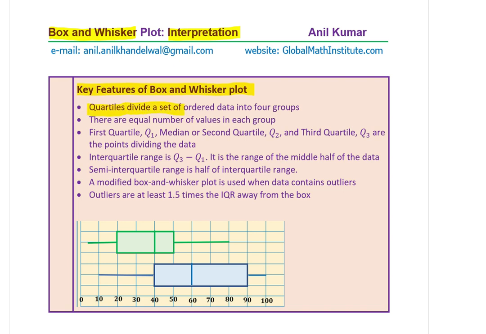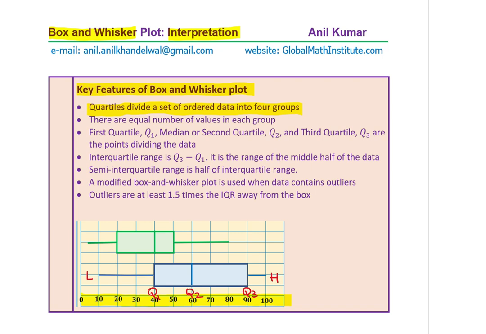Quartiles divide the set of ordered data into four groups. Normally, we represent a box and whisker diagram on a number line with the ends representing the lowest and the highest data values, and the box represents the quartiles Q1, Q2, and Q3.